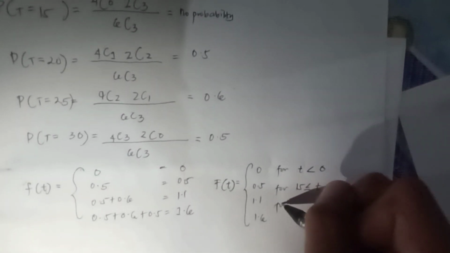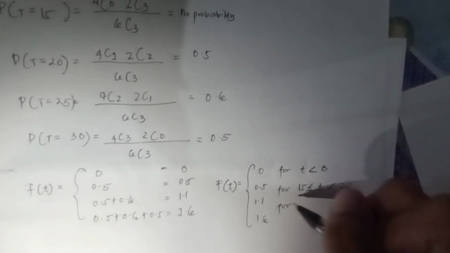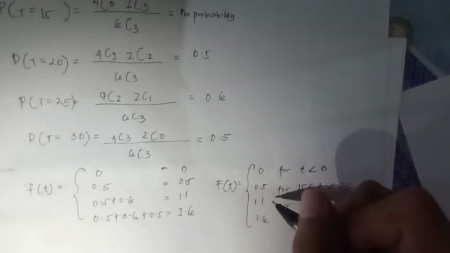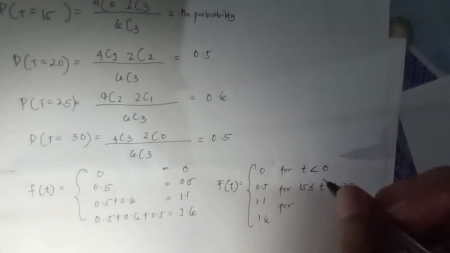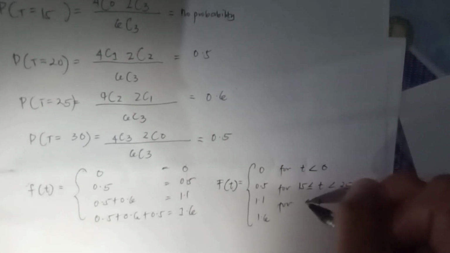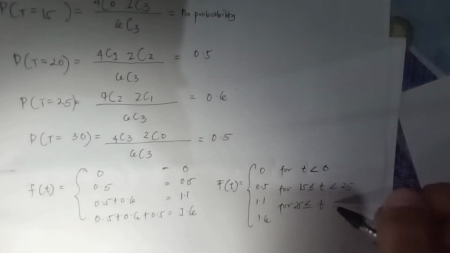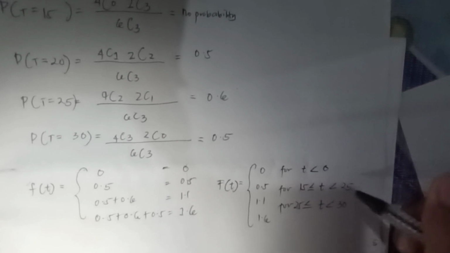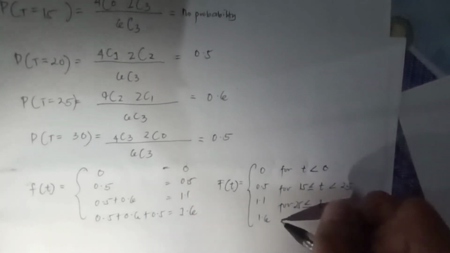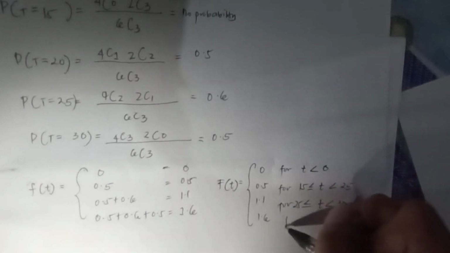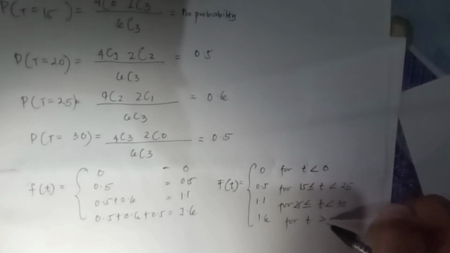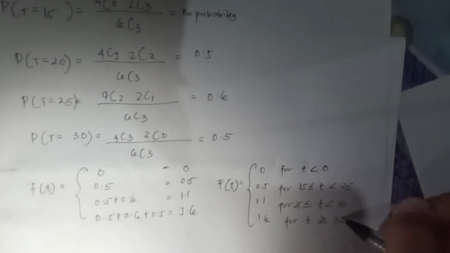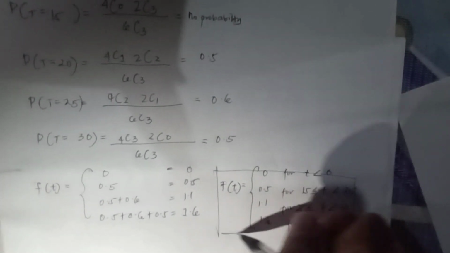And then for 1.1, t is greater than or equal to 25 and less than 30. Then after that, for 1.6, we have t greater than or equal to 30. So that is the final answer.